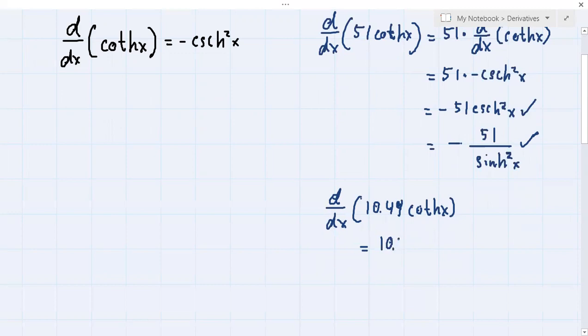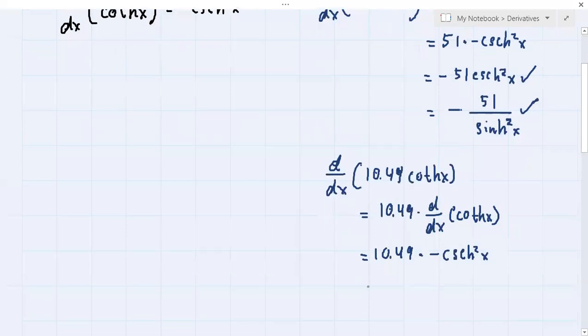So this would be 10.49 times the derivative of cotangent hx. Ayan. So in here, derivative ng cotangent hx is negative cosecant h squared x. So therefore, kung multiply mo sila, magiging negative 10.49 cosecant h squared x.